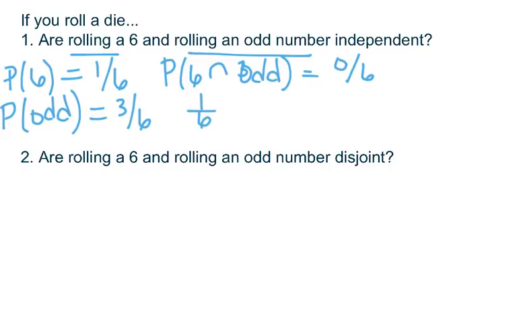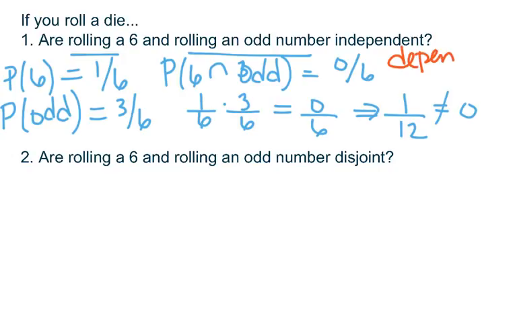If I do 1/6 times 3/6, I'm testing to see if that's equal to 0 out of 6. Well, since 1/6 times 3/6 as a fraction is 1/12, that is not equal. Since we know 0 out of 6 is just 0, those are not equal. So again, like last time, we would say you can write dependent or not independent, because those two things did not come out equal.